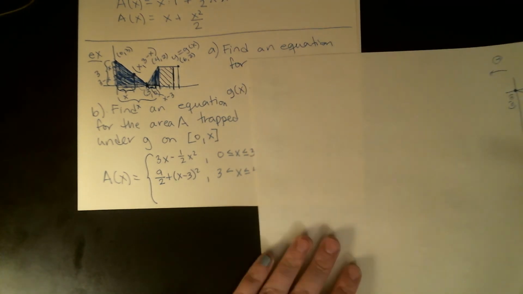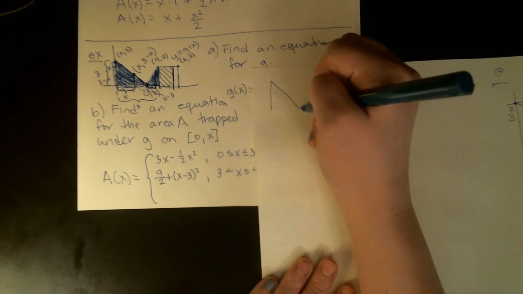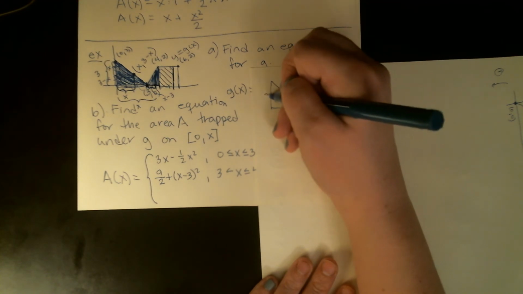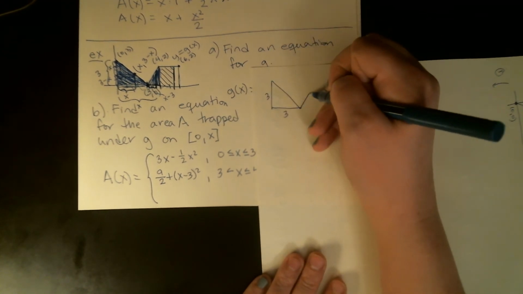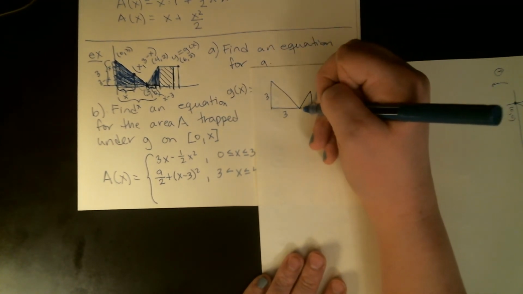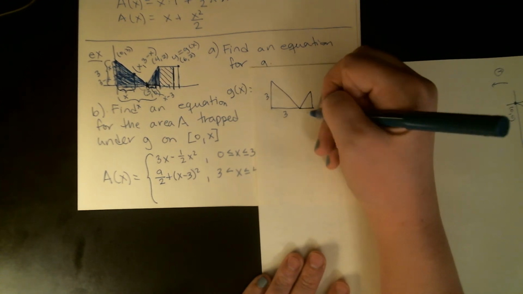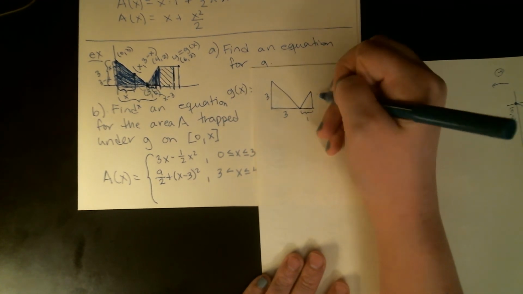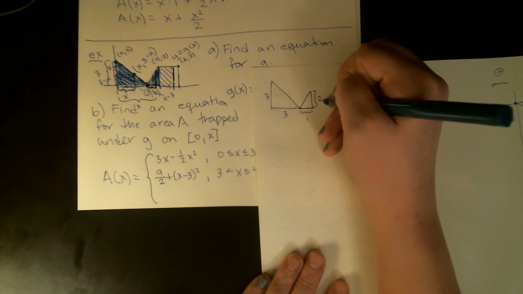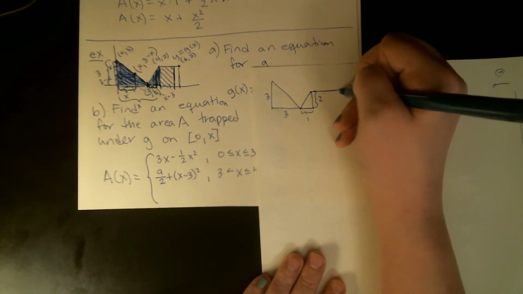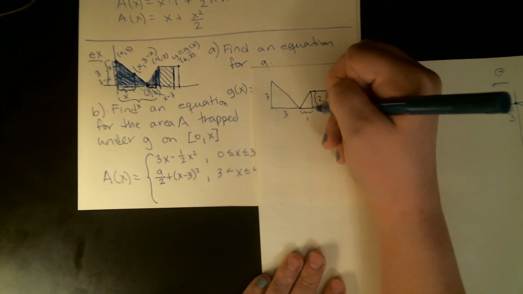So if I'm looking at the big triangle, which is 3 by 3, the little triangle, we've got the whole thing now, so there's no x to worry about here. This is 1, and this is 2, and then we have some part of a rectangle.